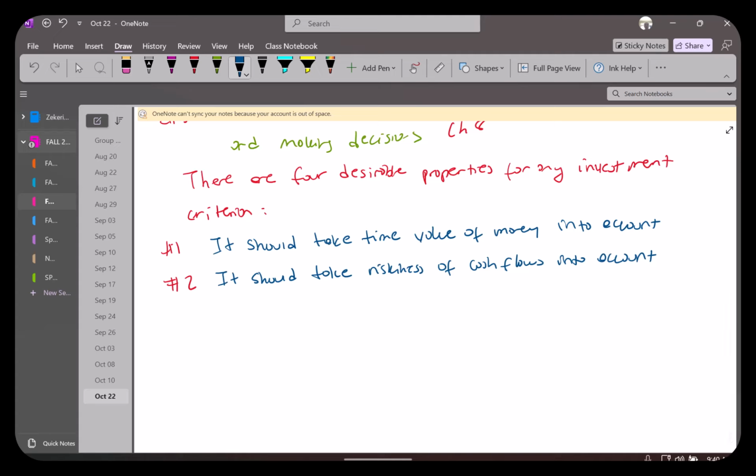For example, if all you're doing is making improvements to an existing facility, that's probably not as risky as coming up with a new product. And even the nature of the product may matter. We're going to figure out how to do that in chapters 11 and 12.